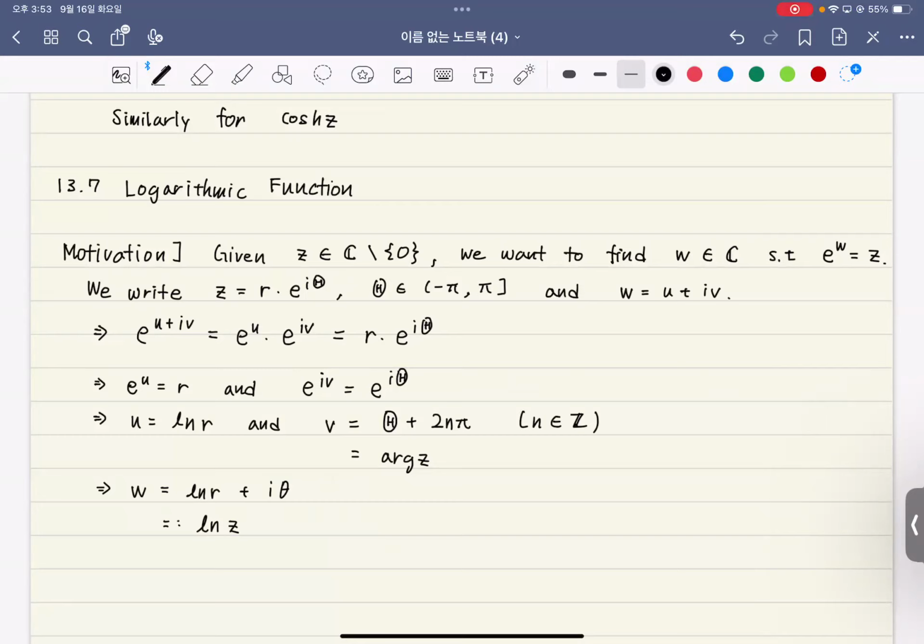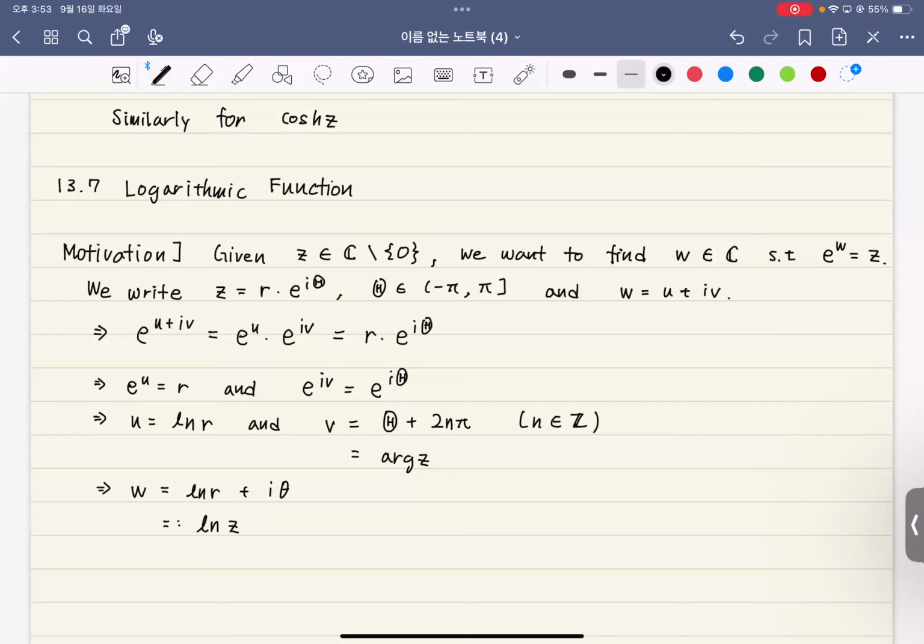Honestly speaking, I actually don't like this notation. Why? Even though ln of Z looks like a well-defined function, in fact it is not. Precisely, it is not a single-valued function, but a multi-valued function. You know what I mean?